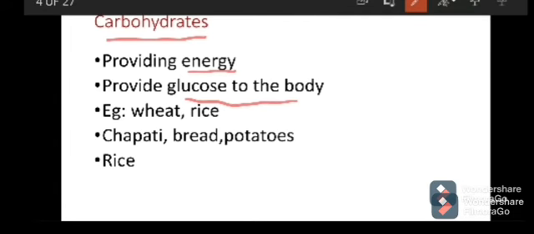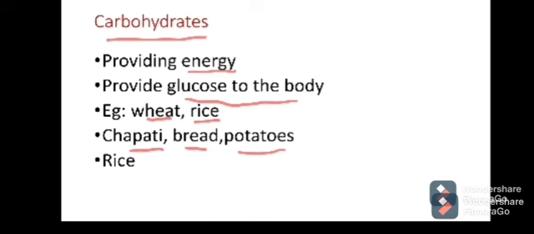Then what type of food do we have to eat to get carbohydrates? Here are the examples. We can eat wheat, rice, chapatis, bread, potato. These are a few examples where carbohydrates are present.